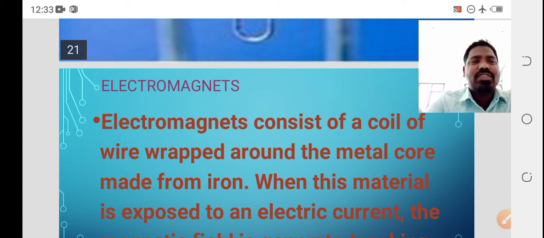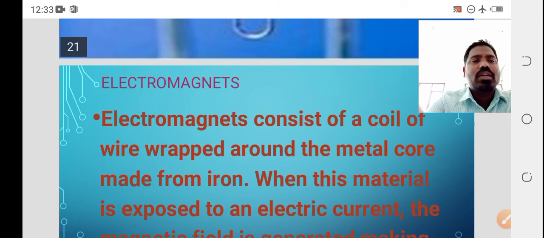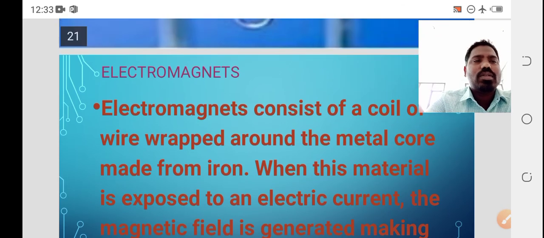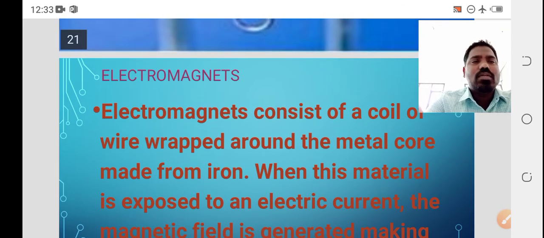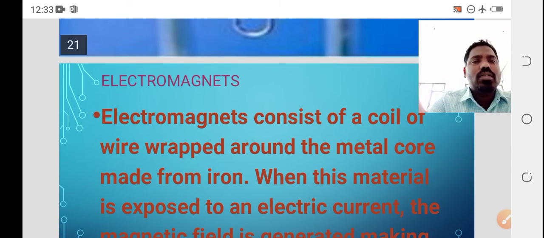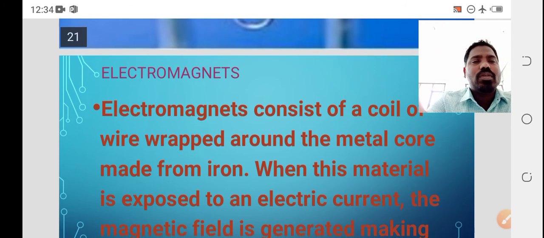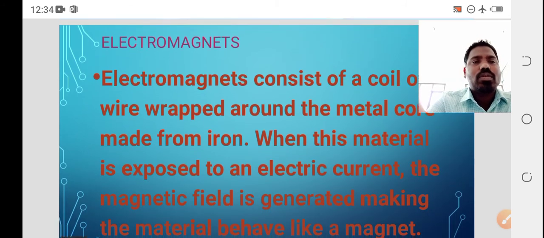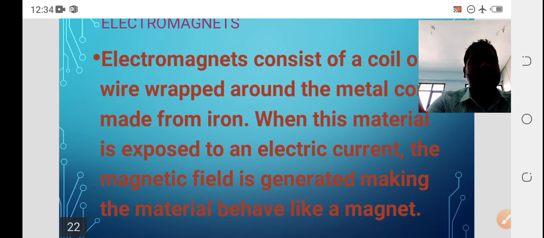What is the meaning of this? Electromagnets consist of a coil of wire wrapped around a metal core made up of iron. So what is your metal core? It is iron.